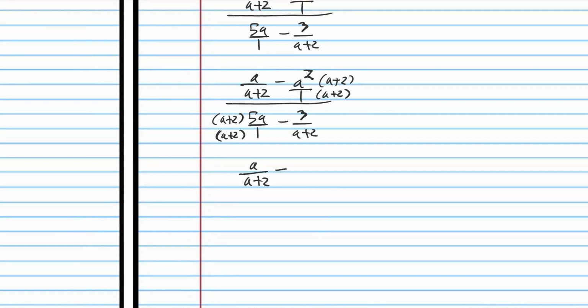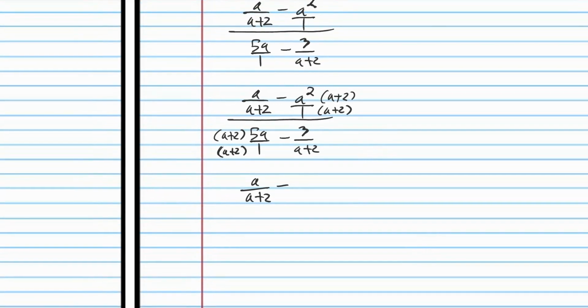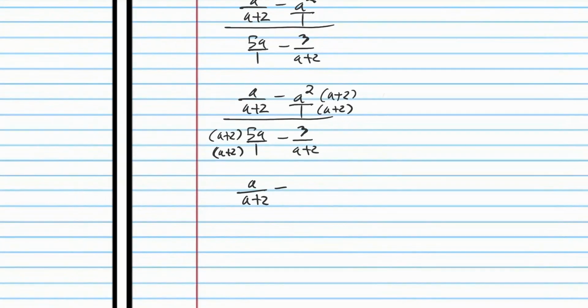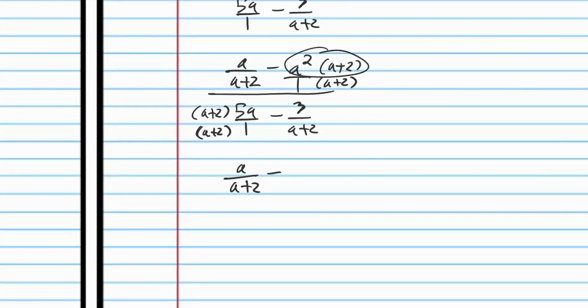Now let me change that, make that power a little more legible. A squared times a plus 2 is a cubed plus 2a squared. Five a times a plus 2 is 5a squared plus 10a.